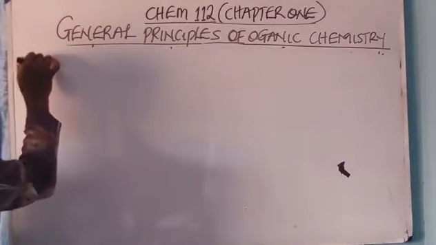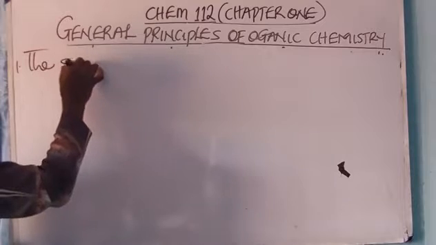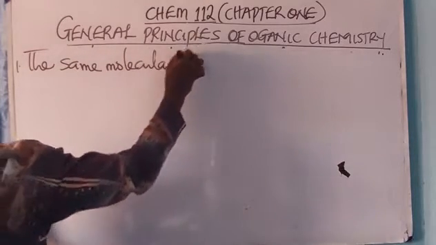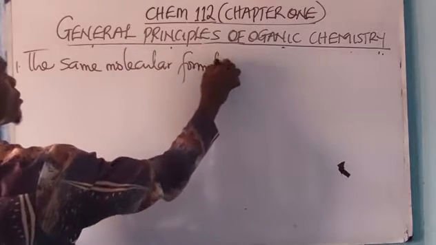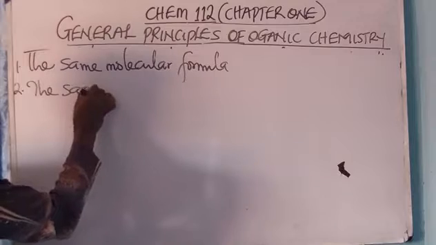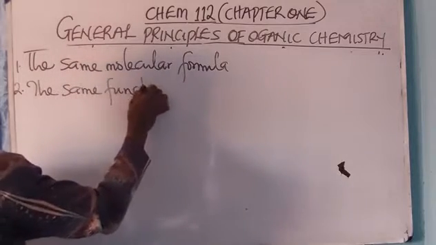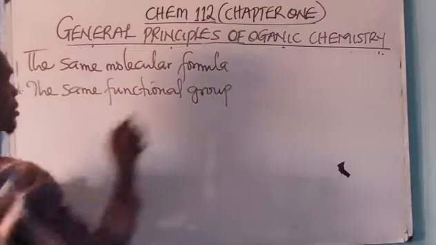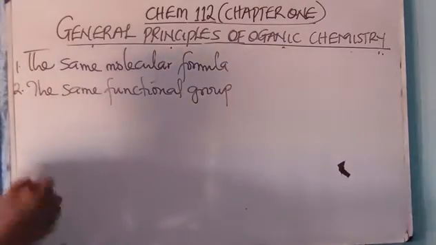Number one, they have the same molecular formula. Two, they have the same functional group. So these are the features of what? Homologous series.